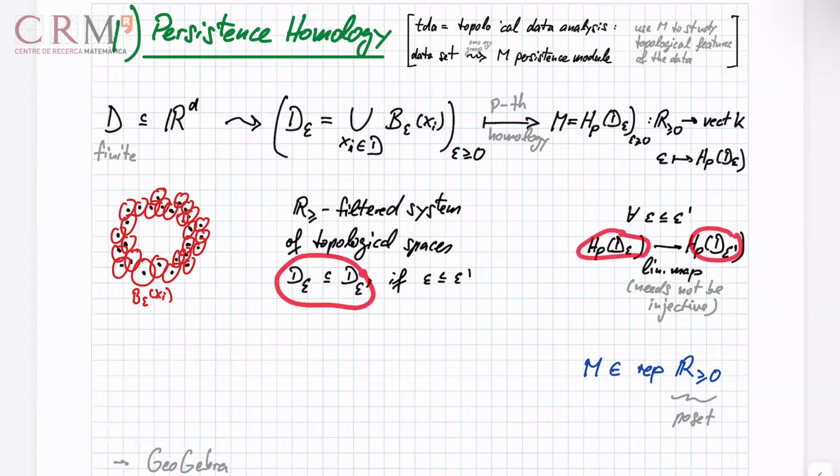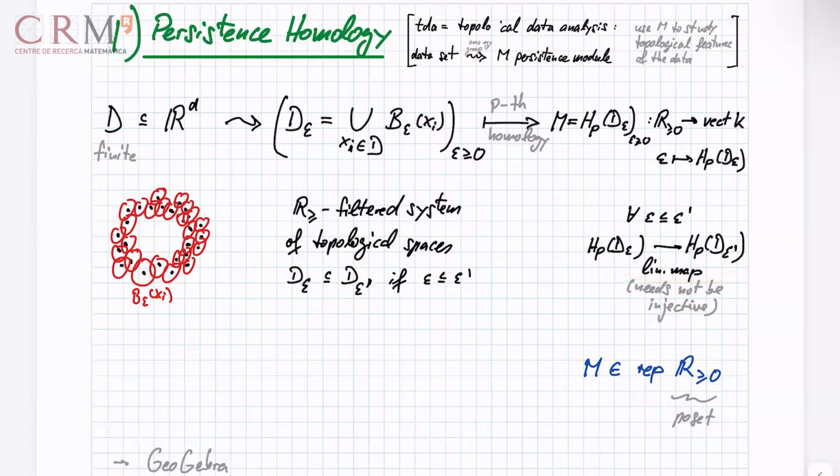And the inclusion here will translate into a linear map between these two vector spaces. Those who know what I'm talking about, taking homology is a functor, but it's not an exact functor. So the inclusion here will not necessarily turn into an injective linear map. It's just a linear map of vector spaces.